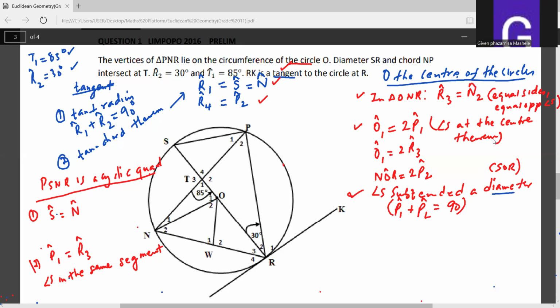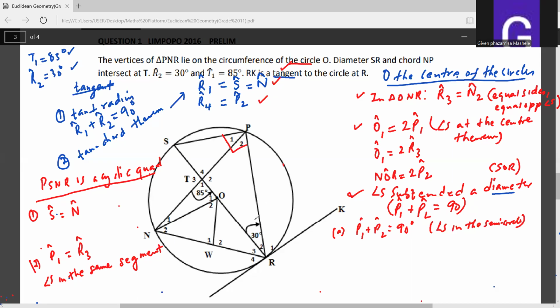If we're answering that question, we're going to say angle P1 plus angle P2 is 90 degrees. Reason: angles in the same segment, angle in the semicircle, or angle subtended by a diameter. So we know this angle is 90.